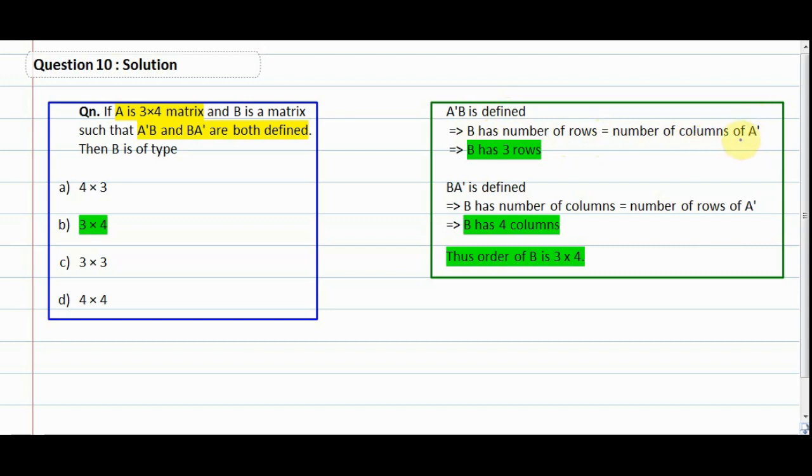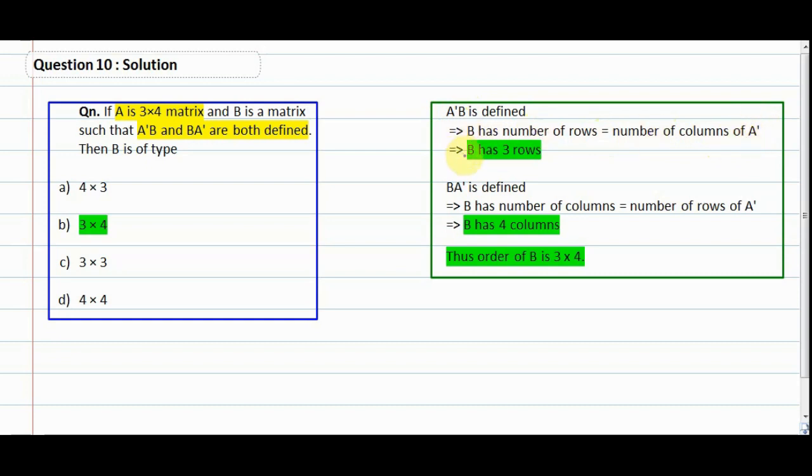A transpose into B is possible if and only if number of columns of A transpose is equal to number of rows of matrix B. So when we consider that multiplication criteria, we may write it as B has number of rows equal to number of columns of A transpose.